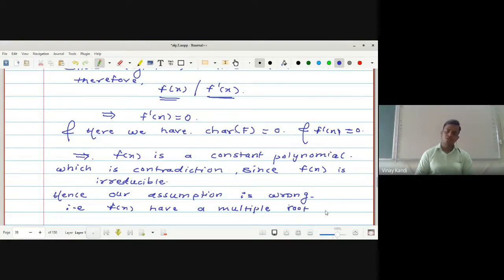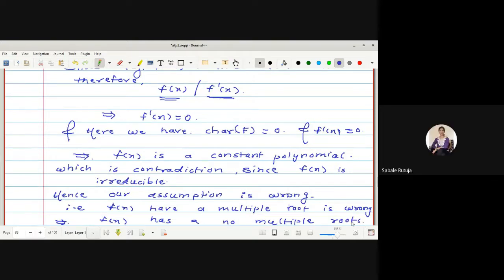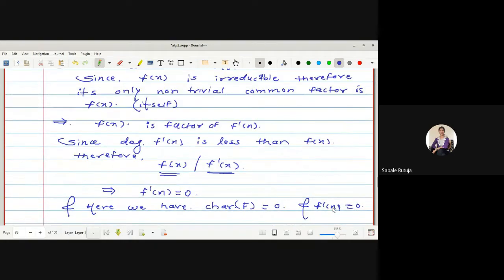This implies f of x has no multiple roots. Any doubt? No, sir. Okay.